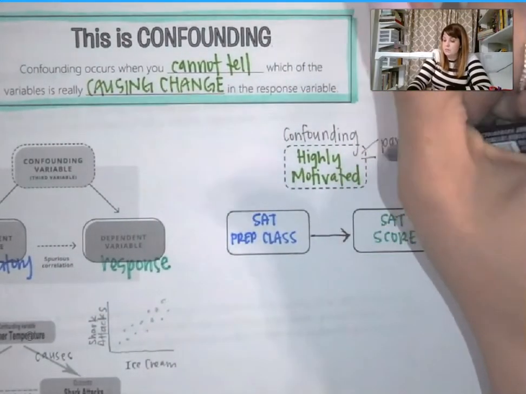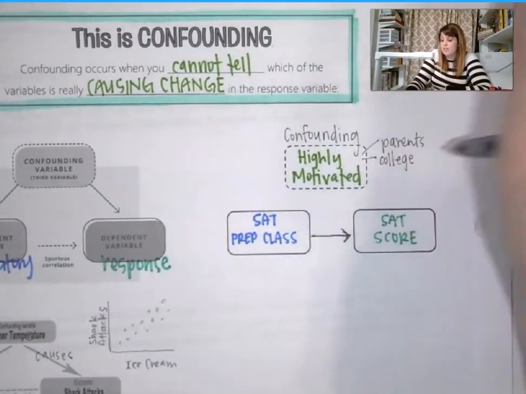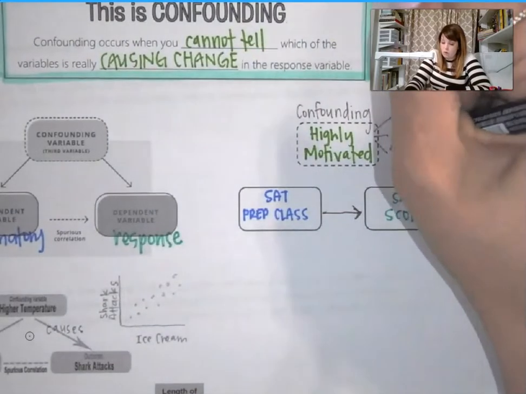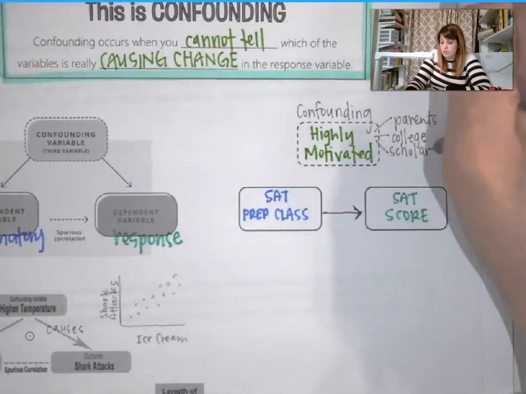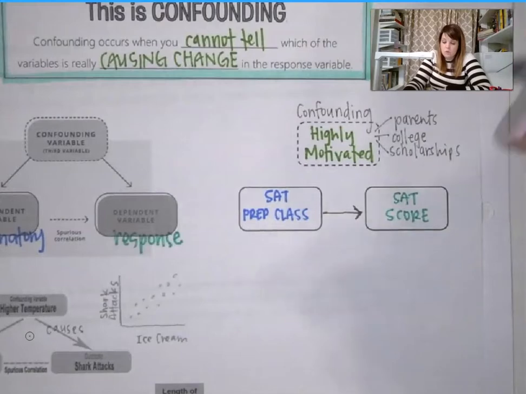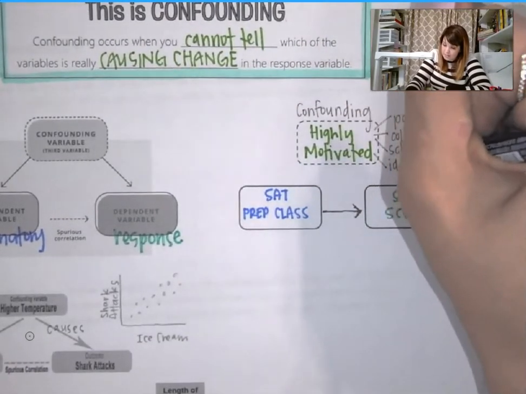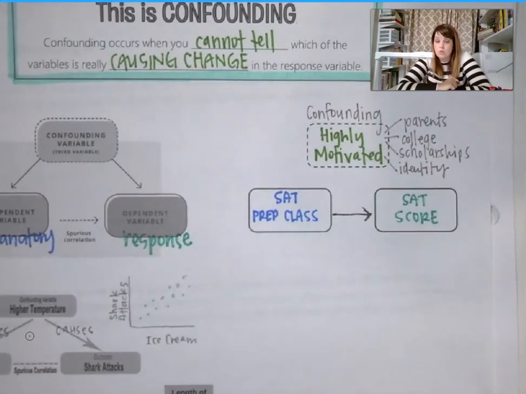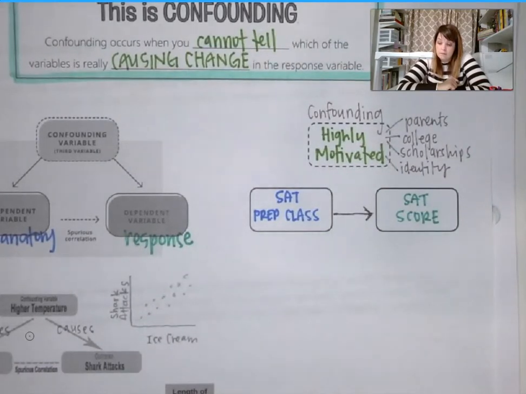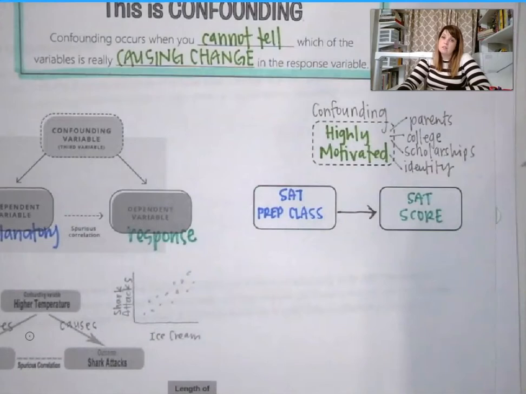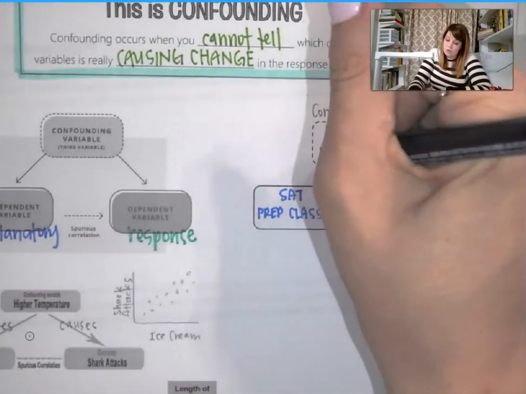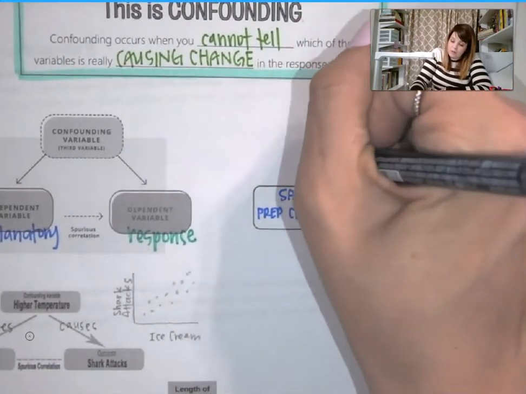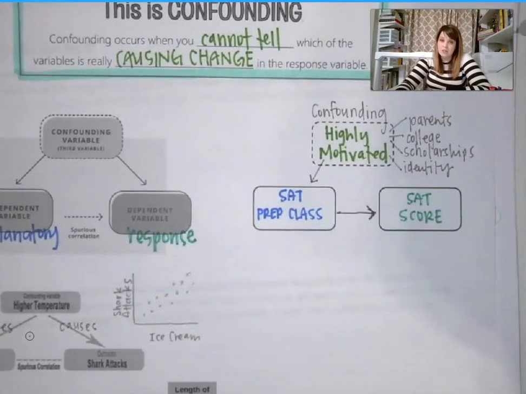Maybe you're motivated because you need a certain score to get into the college that you want. Or you need a certain score for scholarships. Or maybe your whole identity is wrapped up in how well you do in school. So you're highly motivated to get the highest score that you can because you think that that's going to make you worthwhile. All of these can motivate a student to do well. So if they're highly motivated to do well, they probably are the kind of kid that volunteers to take the prep class.